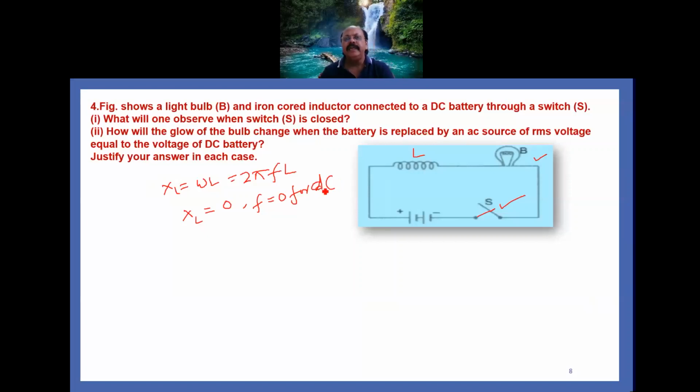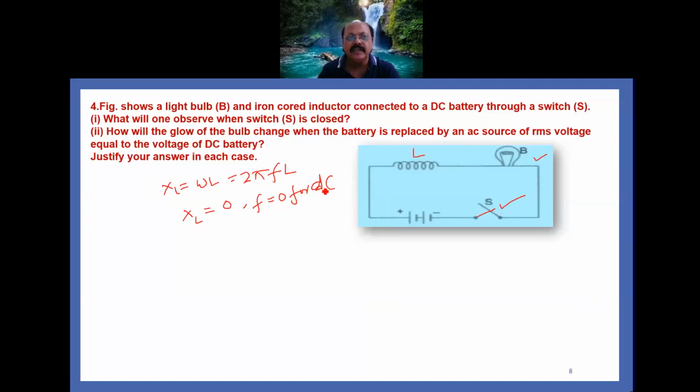So for DC, that is direct current, frequency is 0, that's why XL equal to 0. If XL is 0, then the impedance becomes very less. So the impedance of this circuit decreases, so current increases. So the brightness of the bulb increases.